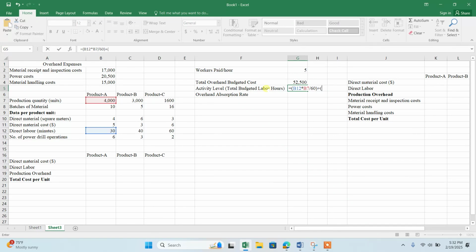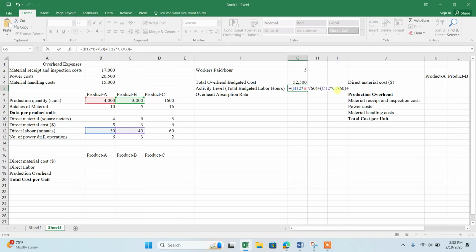Now 40 minutes are required to produce 1 unit of product B. If I simply multiply 40 minutes by 3,000, because we are supposed to calculate the total number of hours, which cost me 52,500, the result will be in minutes. I need the answer in hours.